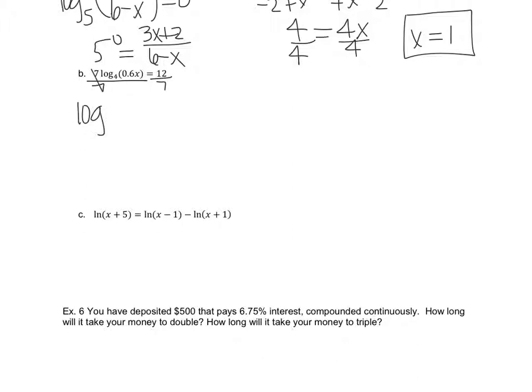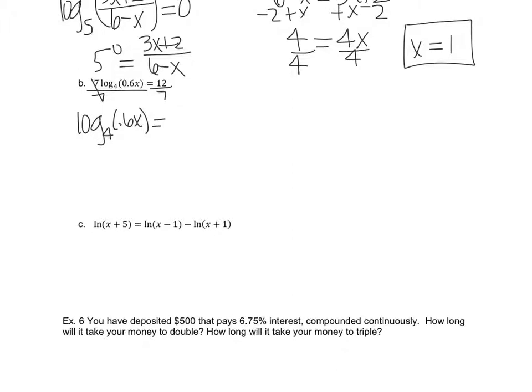So what I've got is log base 4 of 0.6x equals 12 divided by 7, which is a repeating decimal, and so I'm going to actually just leave it as 12 over 7 throughout my problem so that I have a more exact answer when I get to the end. That leaves no room for rounding error.